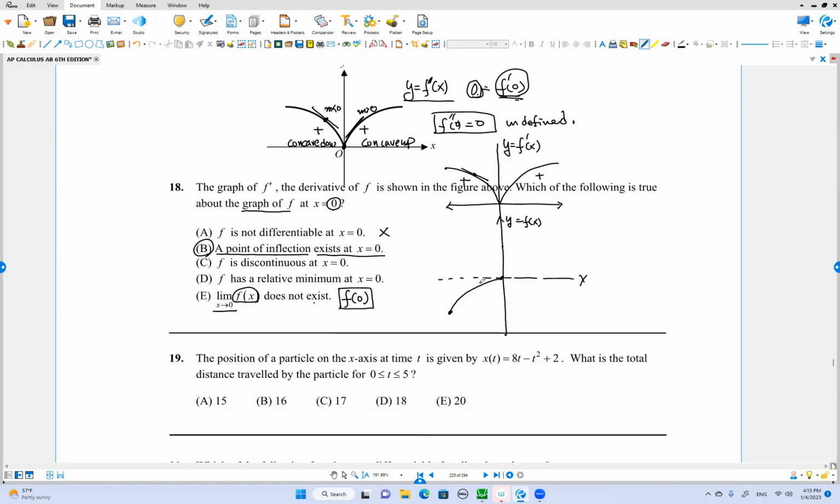The second one over here, still positive, that is increasing too. What's the slope over here? Positive, that is concave up, right? Still increasing, concave up. Looks like this way. Are you okay with this? This is the graph. Okay.